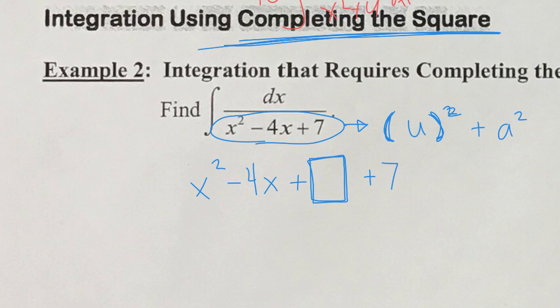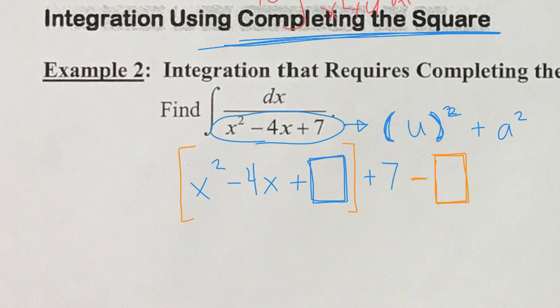And if we add something to our mathematical equation, we also have to subtract something in order to stay balanced. Okay? So this is going to be your perfect trinomial, and then the rest of it is going to be your a value. Okay? So what number makes this into a perfect square?